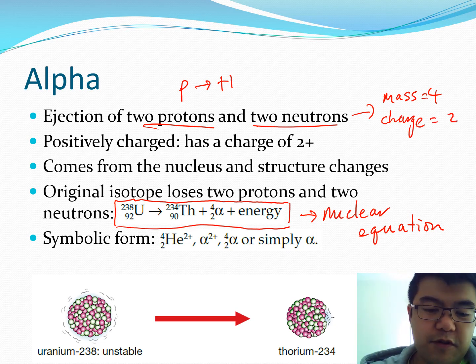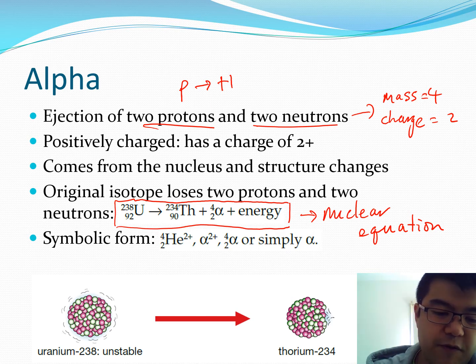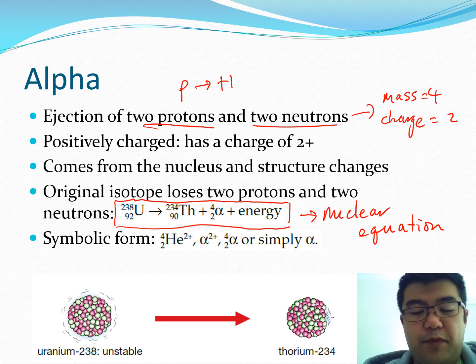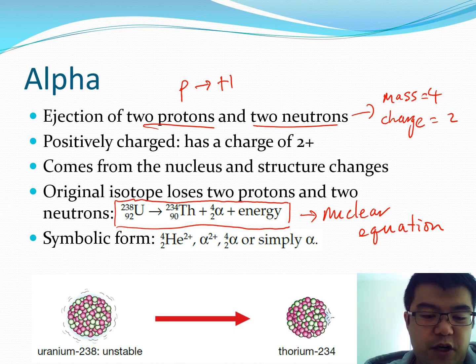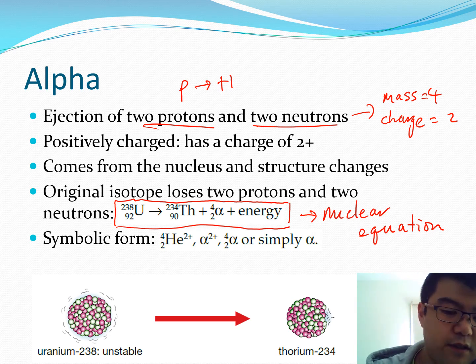Now, because we're losing a mass of 4, 238 goes to 234. That's why from uranium it goes to thorium. If we're losing a charge of 2, instead of 92, we'll go down to 90. So that's why we get to thorium.